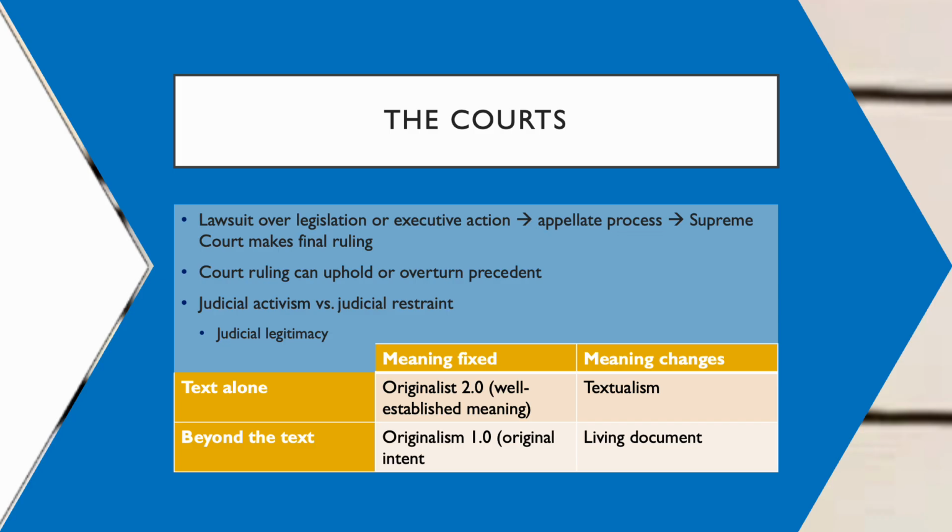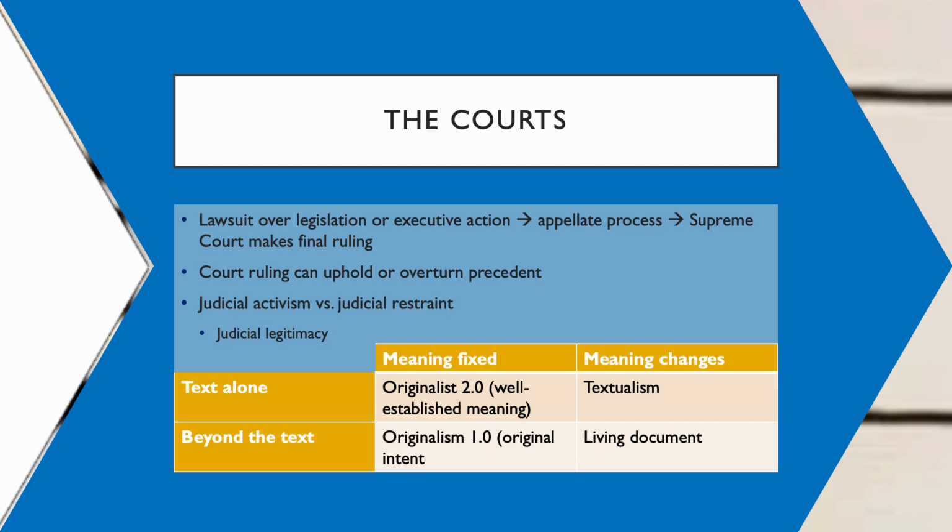Now, the meaning of the text can change a little bit over time, as circumstances change, right? So the statute originally says sex. It wasn't originally intended to cover homosexual activities, and it was meant to be non-discrimination on the basis of gender. But as things have changed over time, you end up with a broader interpretation of discrimination on the basis of sex that includes discrimination on the basis of sexual orientation, right?